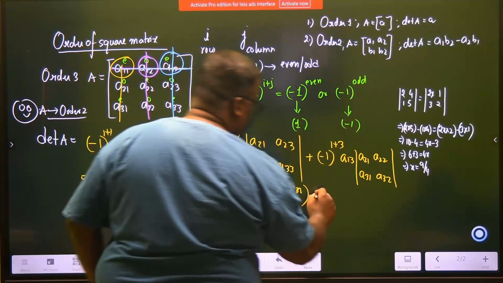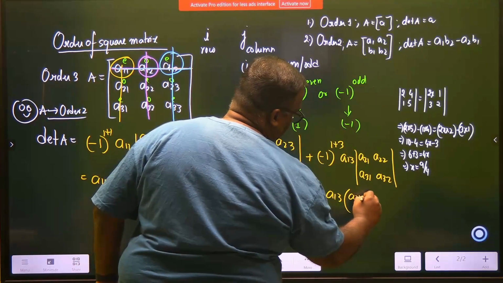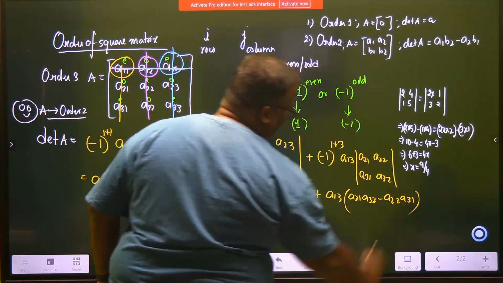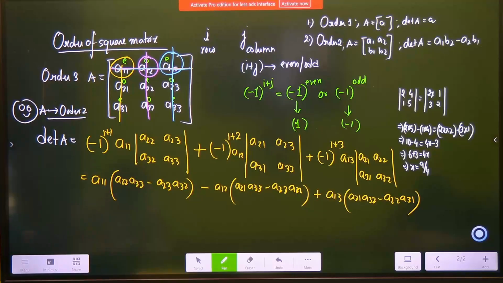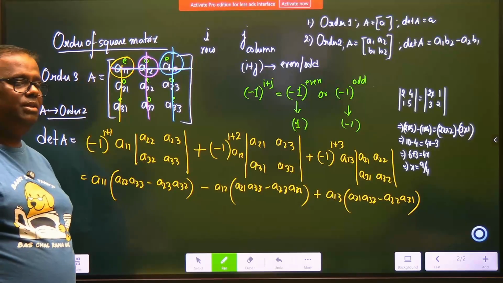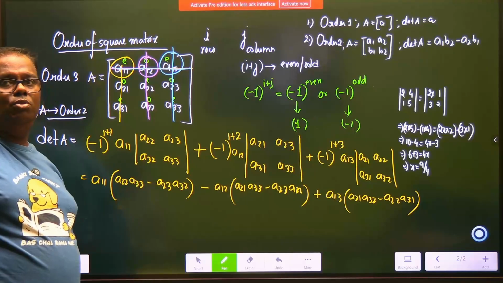And this again becomes plus A13 times (A21 A32 minus A22 A31). That's it. That is the determinant value. Right? Any doubt, Ananya and Zoe? Any doubt? Both of you?